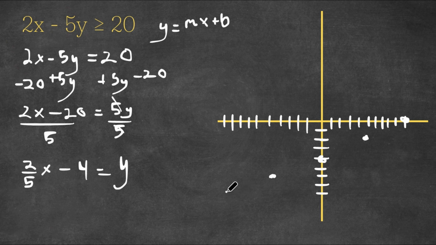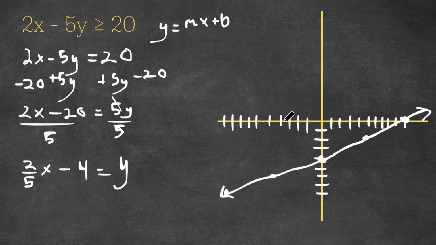So our point's going to be here. And now let's go ahead and connect the dots. Oop, I'm going to fix that line. So our line would look something like this.